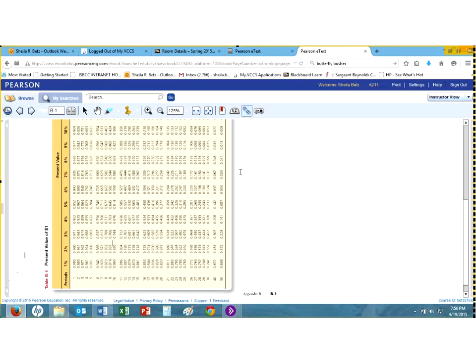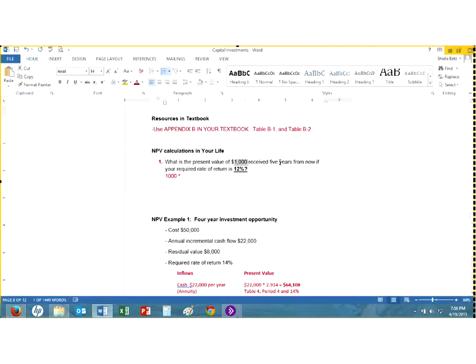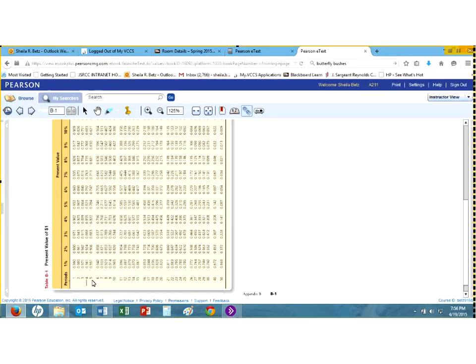So the required rate of return is 12%, and I'm looking for 5 years from now. All right? So I'm going to go down to periods and see where it says 5 right here. Okay, that's where I'm going to begin.